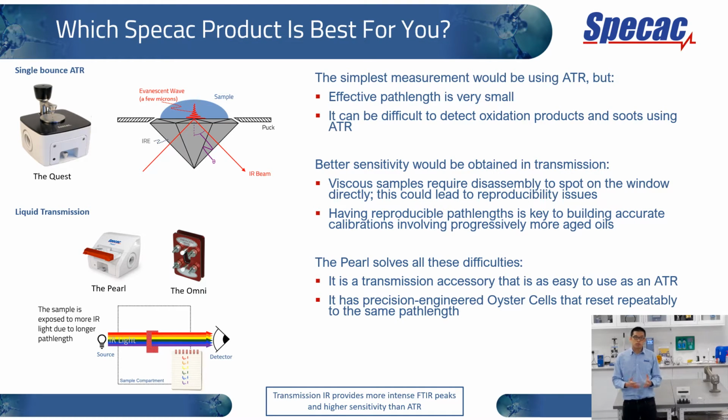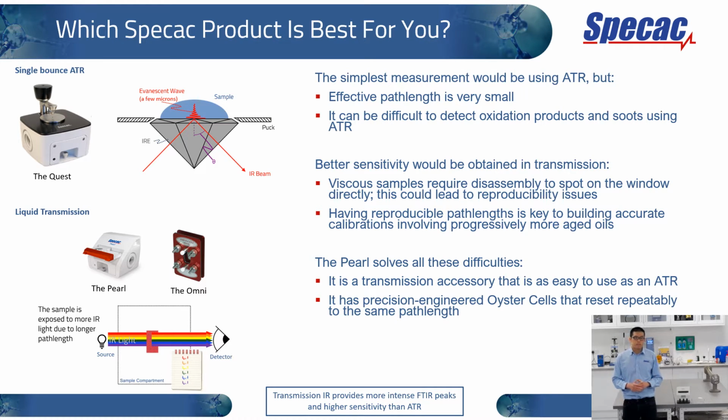So in terms of increasing your sensitivity, it might be better to use a transmission technique. And in terms of the accessories, we have the liquid transmission Pearl or the Omnicell. The Omnicell, again, is very popular amongst universities, especially around the globe, and of course within industry as well. And it's very good for flowing a clean sample through it, especially for non-viscous samples.